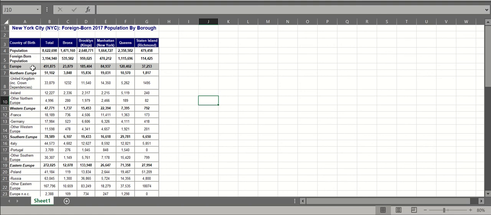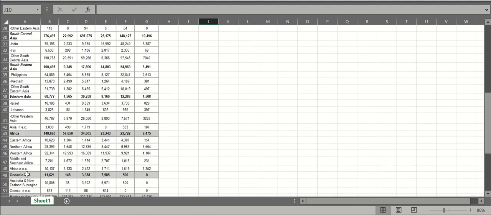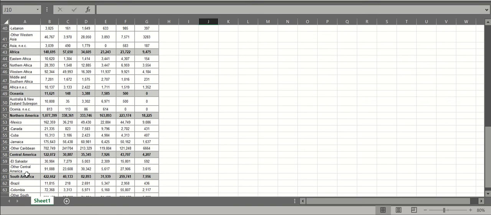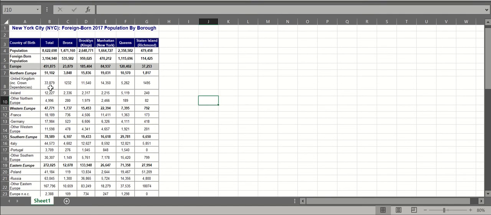Here is very similar to integrated assignment 1, the table that you guys saw. Here you have the major regions: Europe, Asia, Africa, Oceania, North, Central, and South America, right? Those are the 7. But instead of being a time series where the horizontal axis was time, here it is broken down as different boroughs, right?